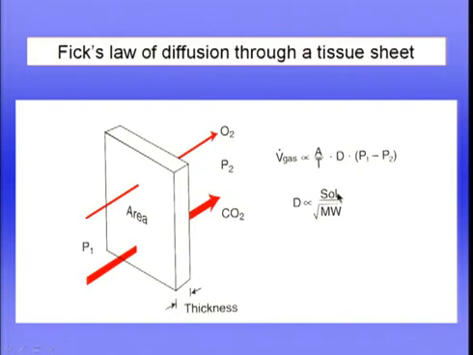First of all, we've got the solubility of the gas. Now that makes sense because in order for oxygen or CO2 to diffuse across the barrier, first it's got to dissolve in the contents of the barrier, and obviously, I would say, the more that dissolves, the more likely you are for diffusion to occur.